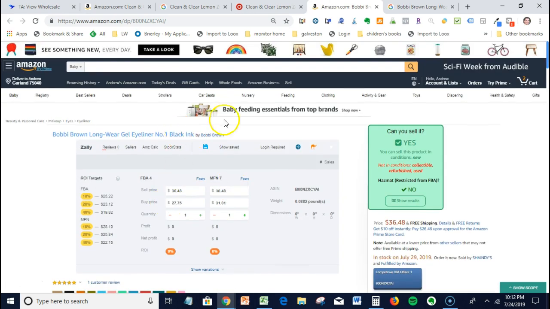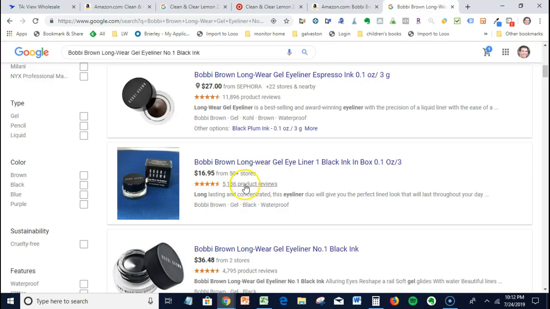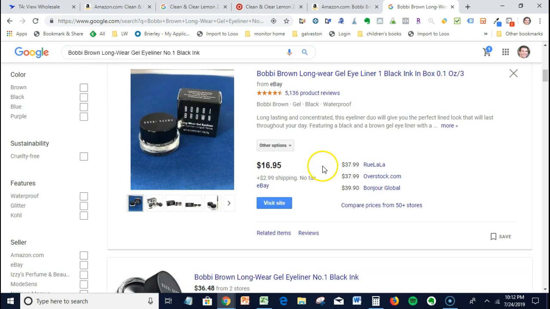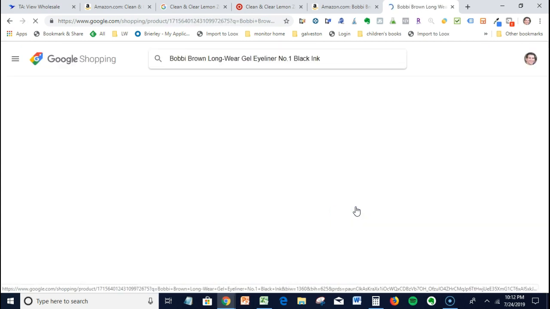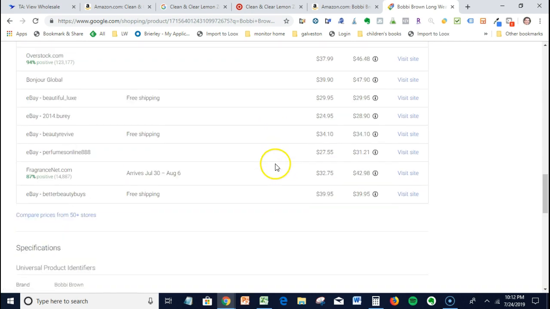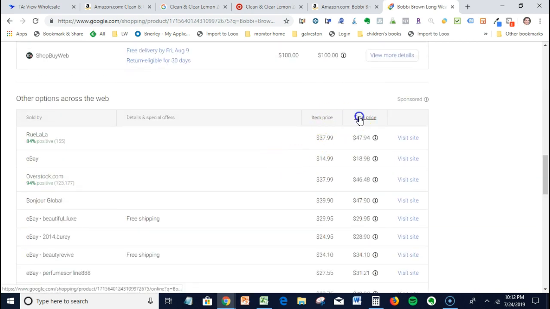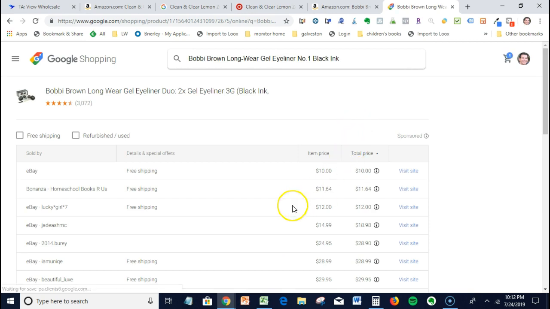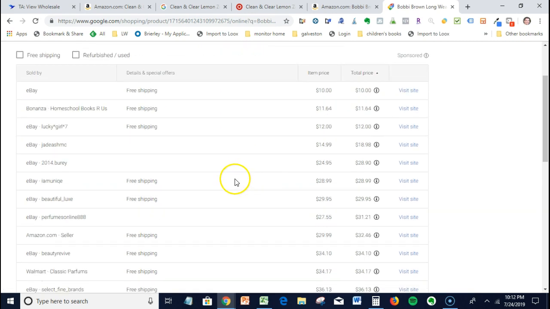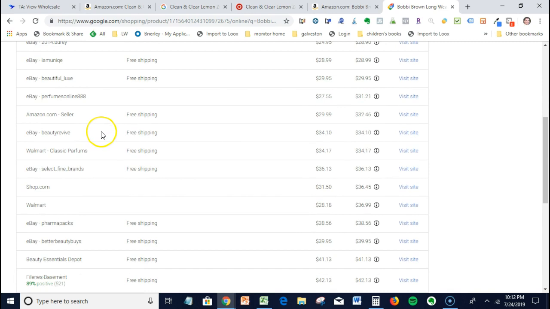Okay, that's number 1 black ink. Number 1 black ink. Let's just see if this is going to give us anything. We don't want it from eBay, obviously.